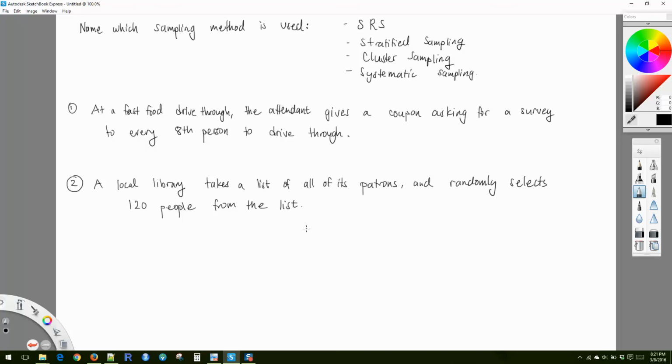It randomly selects 120 people from the list. They flag these patrons to ask for their opinions during their next visit.